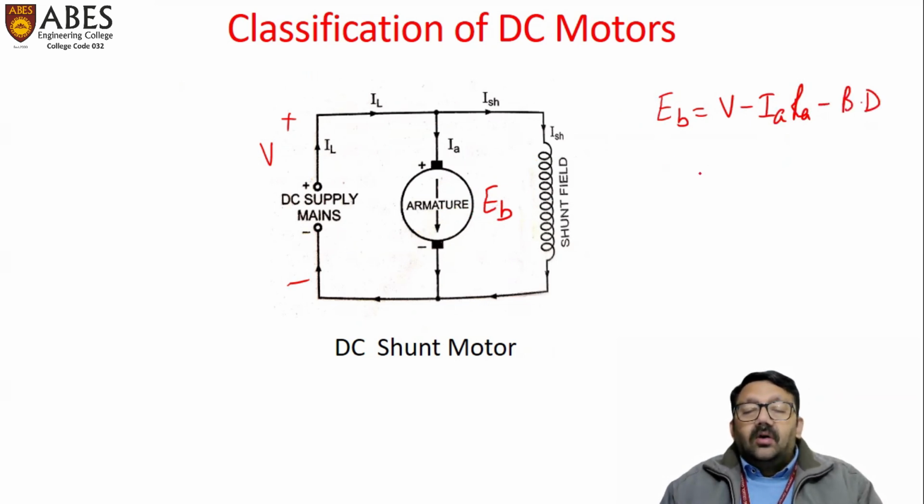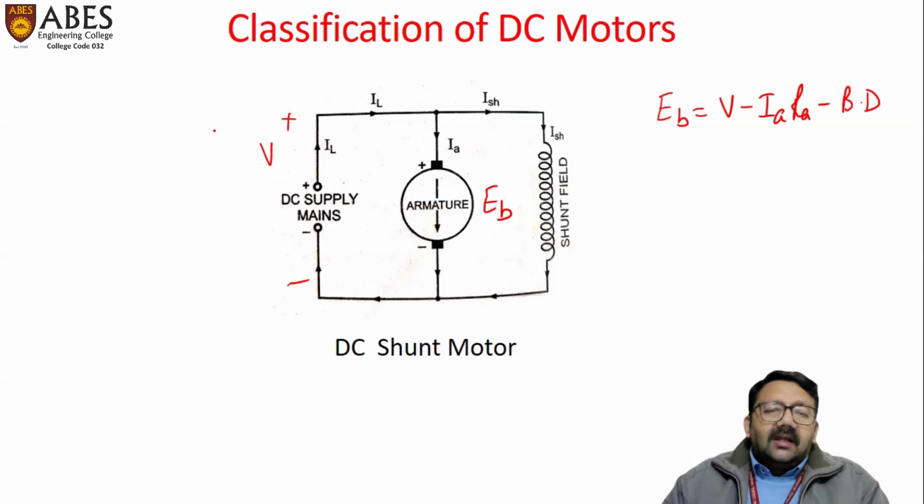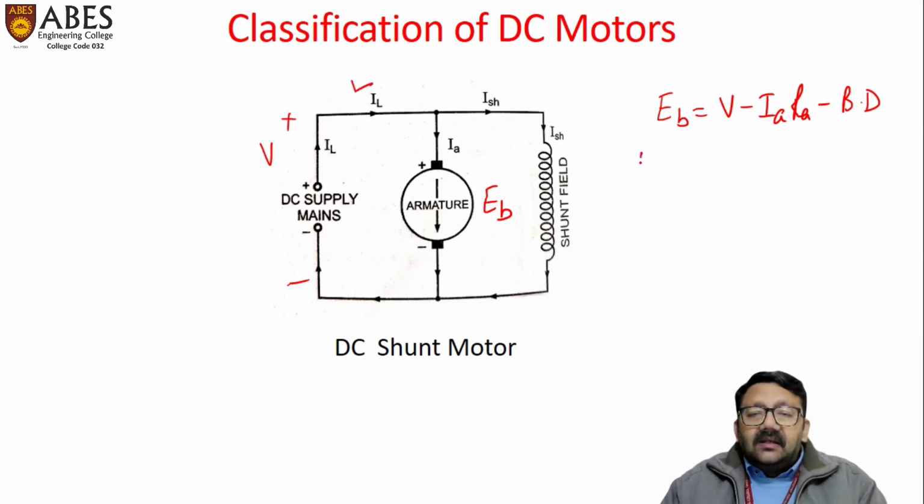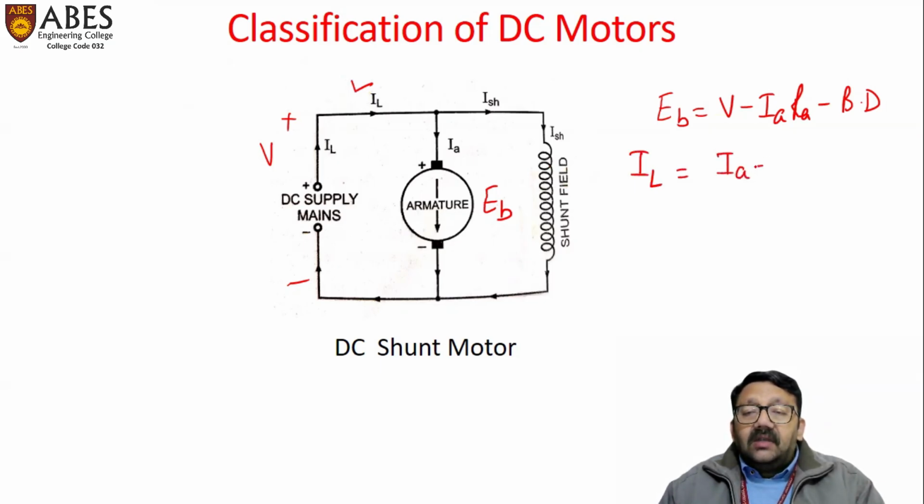This relation is almost similar to the separately excited DC motor. Here, in DC shunt motors, the largest current is the current taken from the supply, that is line current, and this line current is the sum of armature current as well as field current ISH. So I am representing this current as IF.